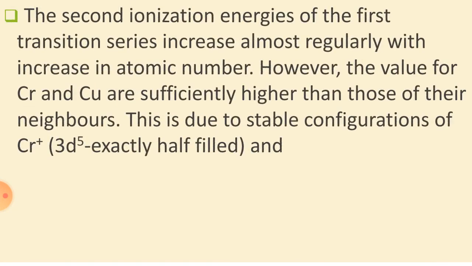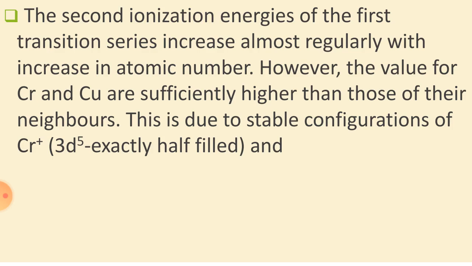Now dear students, next point you have to note down is that the second enthalpy of ionization of the first transition series increases almost regularly with increase in atomic number, but in some places, the values for Cr and Cu are sufficiently higher than those of their neighbors.